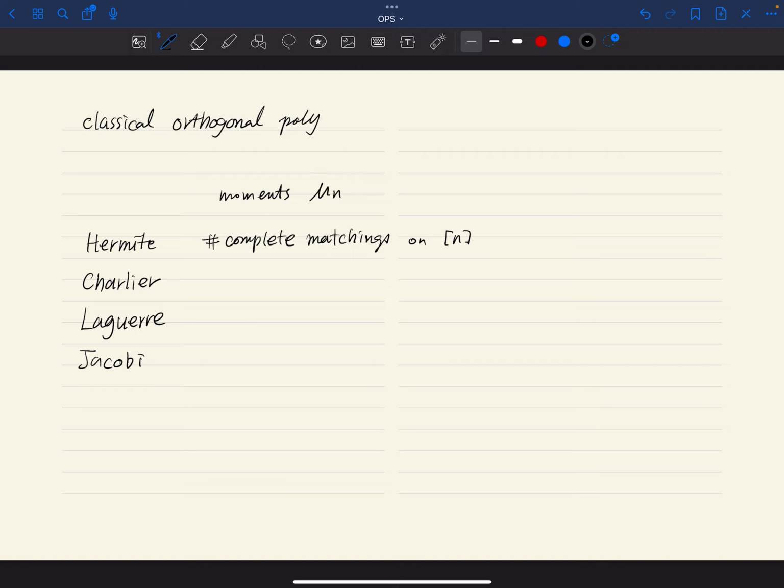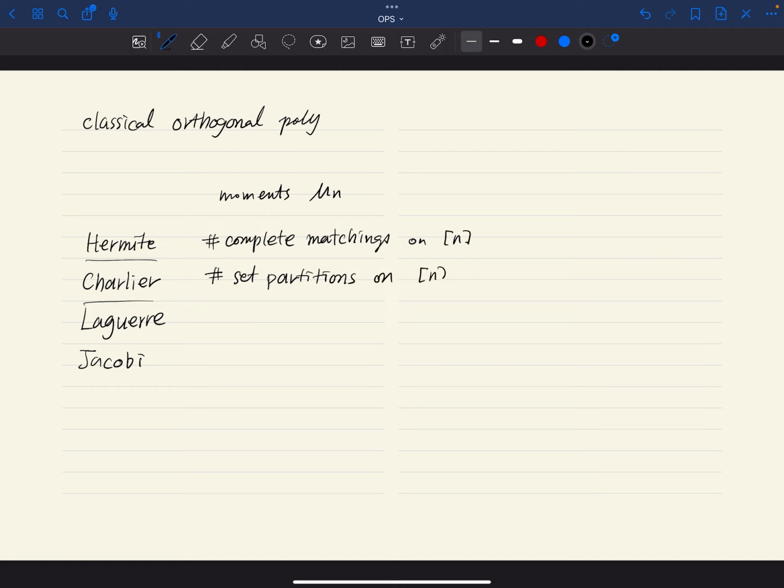And we will see later in the next subsection, for Charlier polynomials, their moments also count something: the number of set partitions on n.